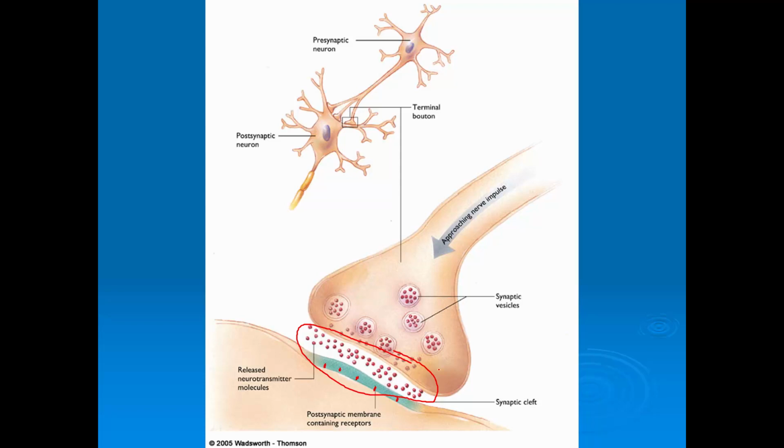Now, several things can happen once these neurotransmitters are secreted into the synapse. They can bounce around for a while. They can attach. Sometimes they are reabsorbed into the previous neuron, and we call that reuptake.